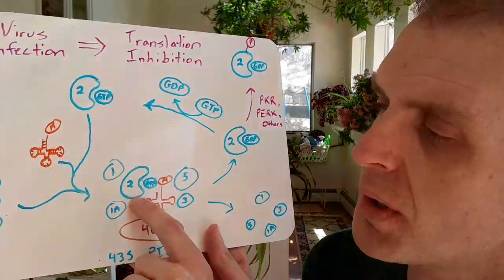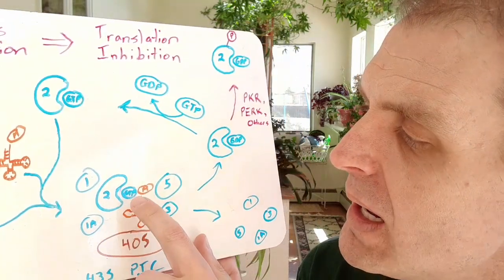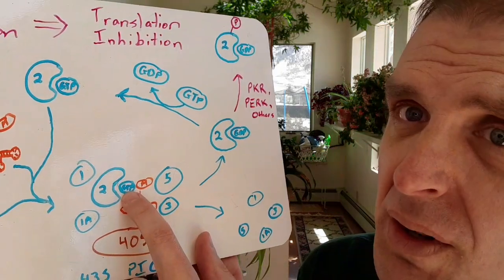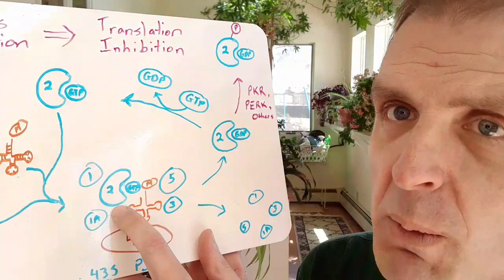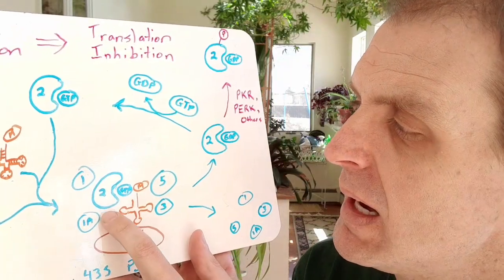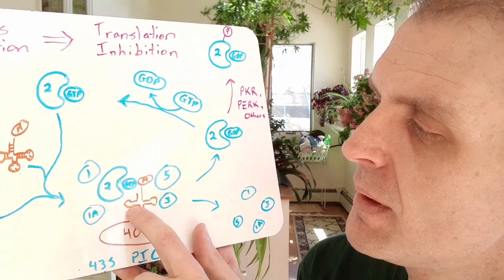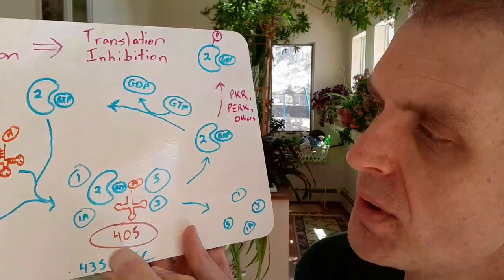I also put a little detail onto eIF2, and I show that it's bound to GTP. It's hard to read on your screen, but it says GTP. So it's the GTP-bound form of eIF2 that is going to be here. eIF1, 1A, 5, and 3 join later on.